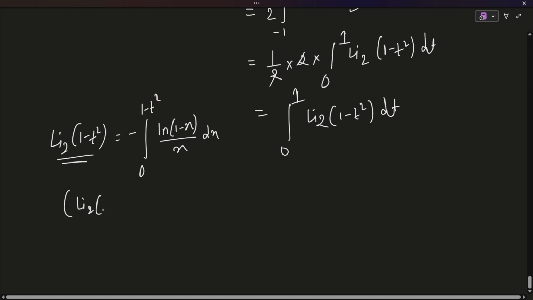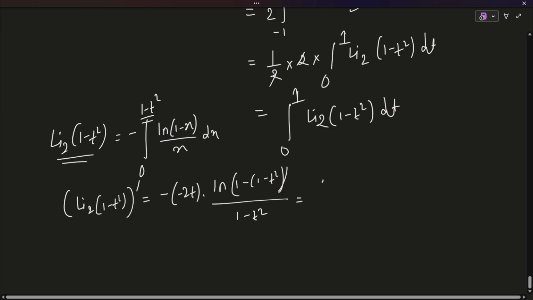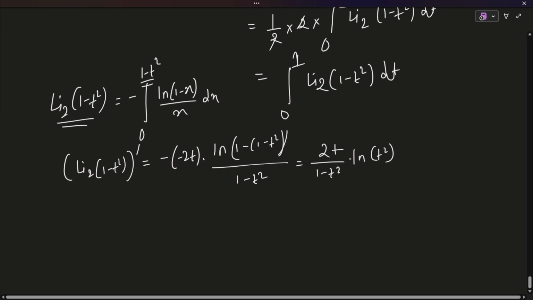So the derivative of this term should be equal to, firstly, derivative of the upper limit, so minus of derivative of 1 minus t square, which is minus 2t, according to Leibniz rule of differentiation under the integral sign, right? Ln of 1 minus t square, divided by 1 minus t square. So this should basically be, I think, 2t by 1 minus t square into ln of t square. That should be the derivative of the dilogarithm.